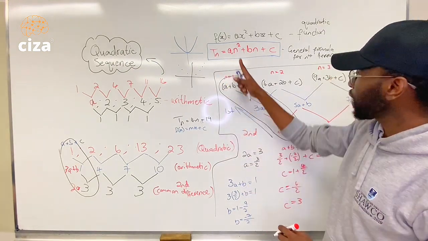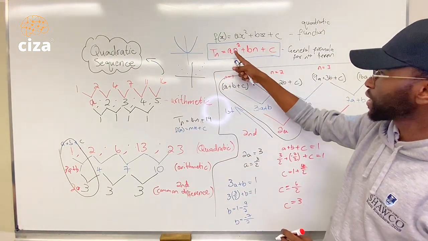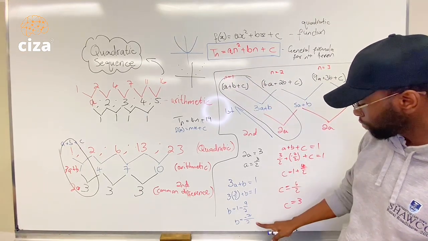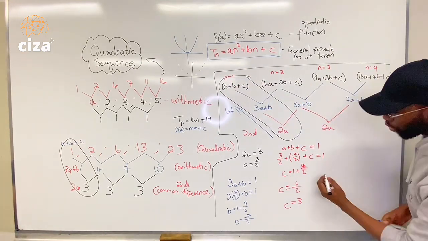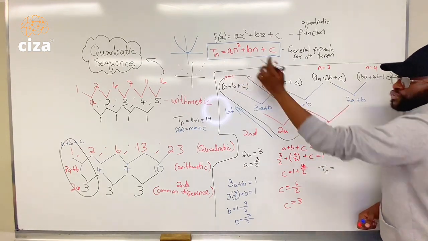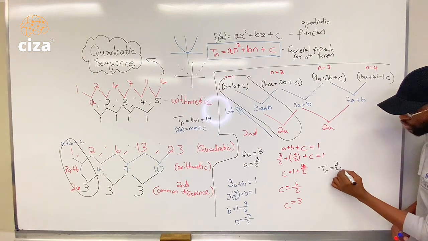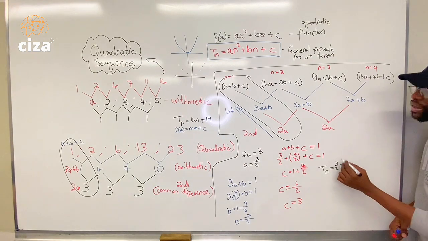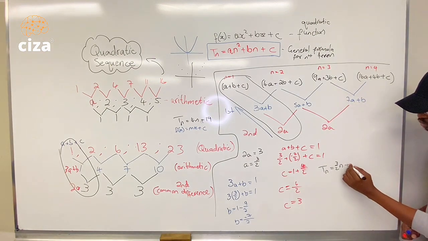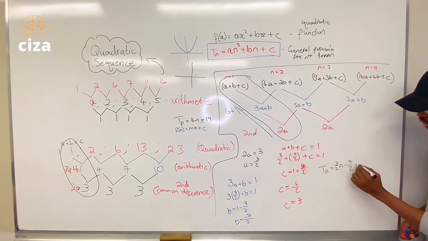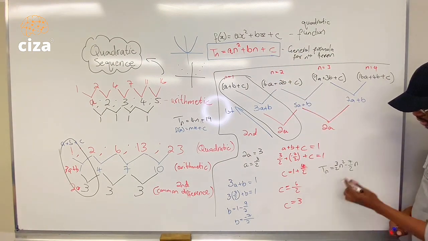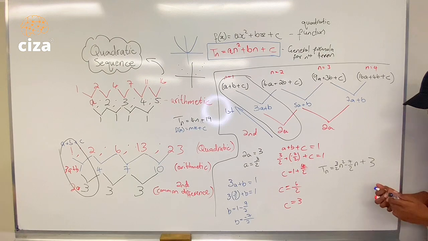Now, once we have a, b, and c, we can now put them in the general formula for the nth term. We have a, b, and c. Therefore, our nth term will be the value of a, 3 over 2, n squared, plus the value of b, minus 7 over 2, n, and then the value of c will be plus 3.